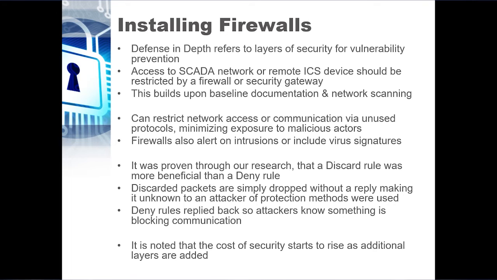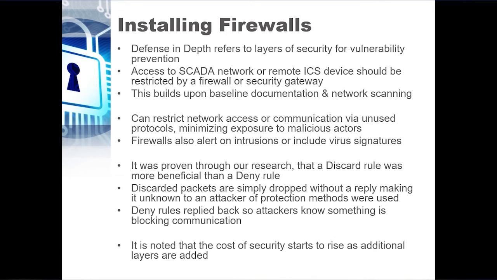As you get that baseline documentation, you know what you have in your network, the network scans then show you the ports and services and device discovery, and you take the steps to minimize what runs on your network as far as ports and services and possibly who has access to all of these devices. This additional layer of security, such as a firewall, goes one step further.